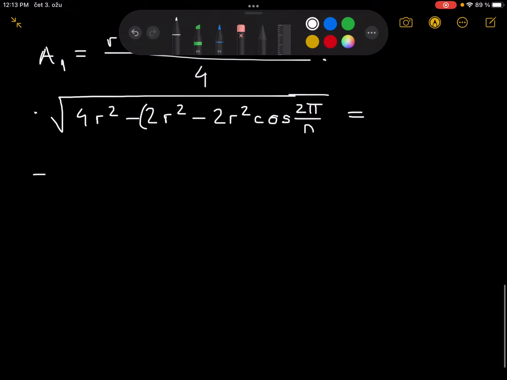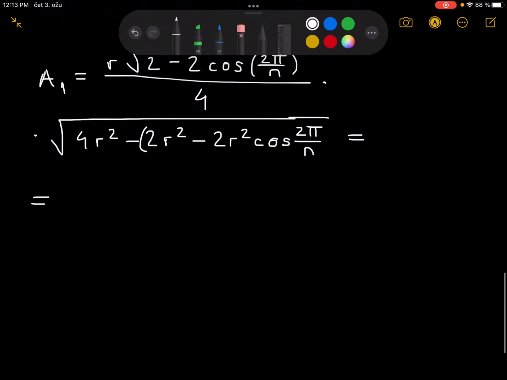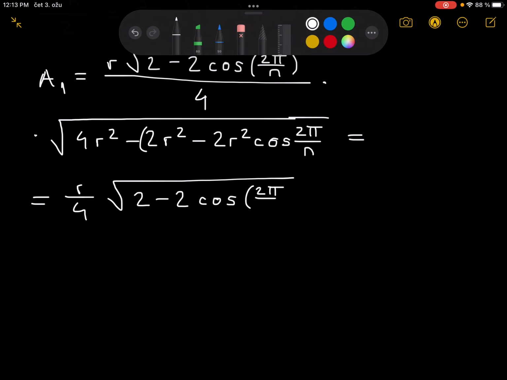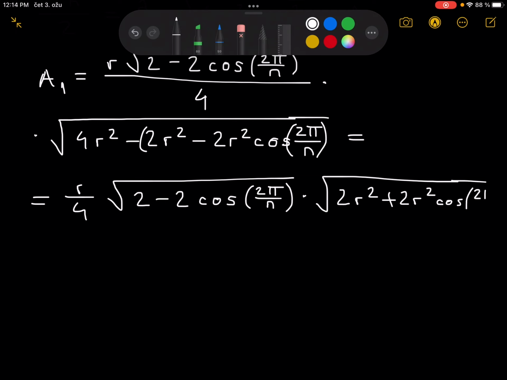Once we simplify this a little bit, we'll get that A1 is equal to r over 4 times the square root of 2 minus 2 times the cosine of 2 pi over n, and times the square root of 2r squared plus 2r squared times the cosine of 2 pi over n.